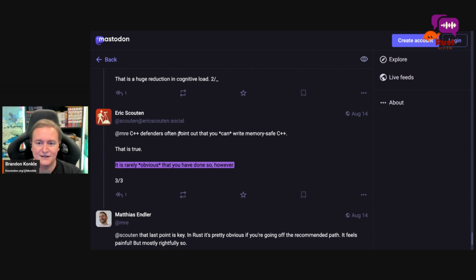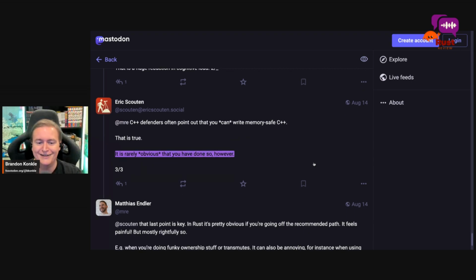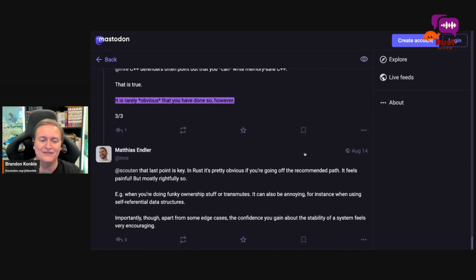I liked this quote. I'll leave things on this from Eric Scooten, who says, C++ defenders often point out that you can write memory safe C++, and that's true, but it's rarely obvious that you've done so. And I like that perspective a lot.